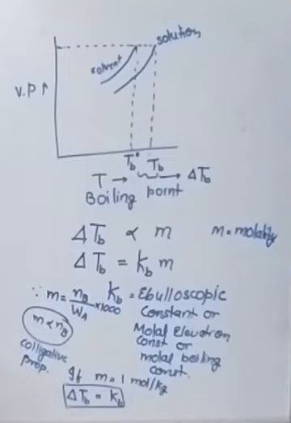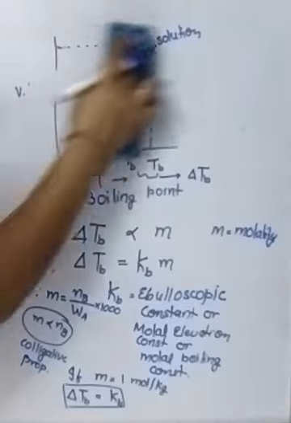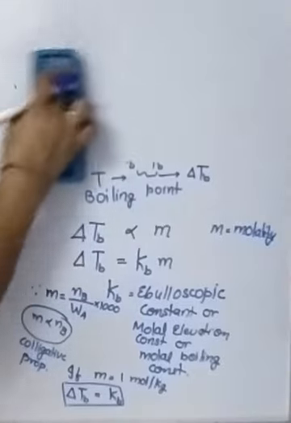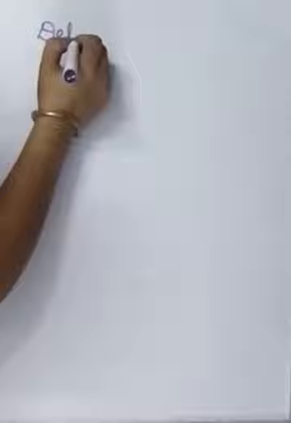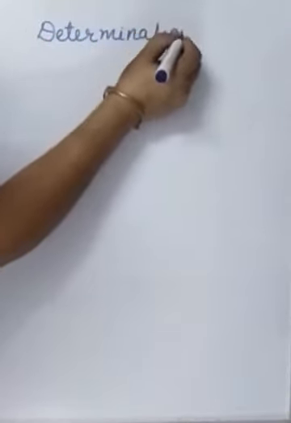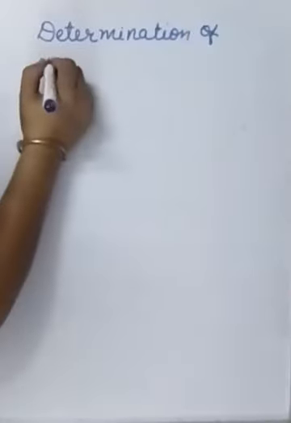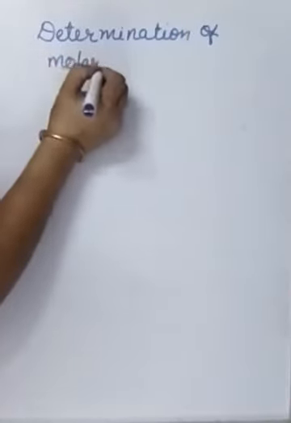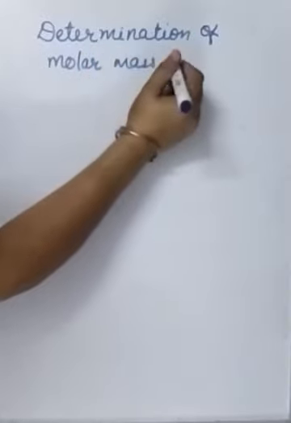Now we'll see how we will determine the molar mass of the solute from elevation in boiling point. Whatever colligative property we are studying, in that we will always find an expression for the determination of the molar mass of the solute from that colligative property.